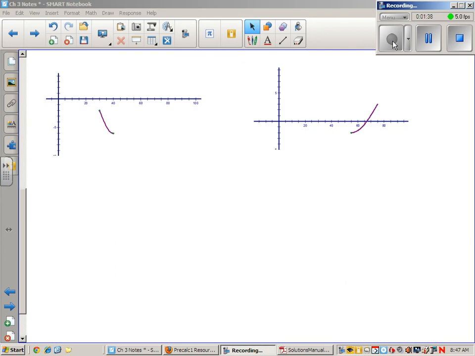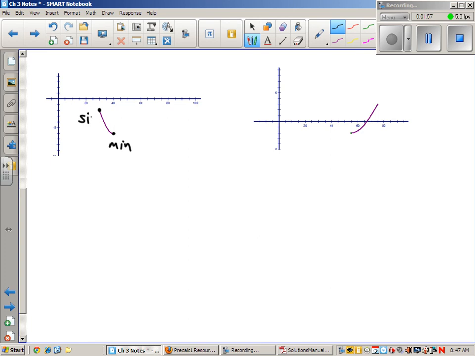Back on our graphs that were given, let me look at these two choices. One of these two endpoints has to be a max or a min because it's a quarter of the cycle. It's going between either a max or min and the sinusoidal axis. So this one I'm going to call a min right here. This one I'm going to call on the sinusoidal axis.